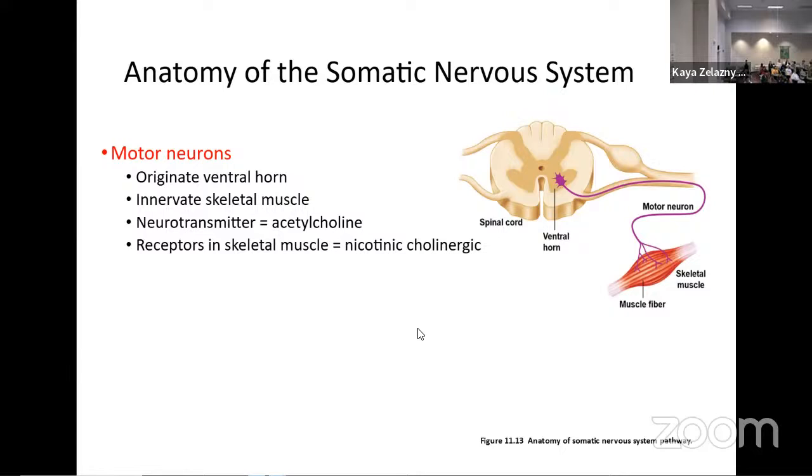So depolarization is when we see spikes in that resting membrane potential. We go up towards threshold when we're talking about our neurons in the brain. And so we're going up. And we also think of that as excitatory, right? So we had our EPSPs, our excitatory postsynaptic potentials. And that's going to be analogous to what we're going to see here in the communication between a somatic nerve and a muscle cell.